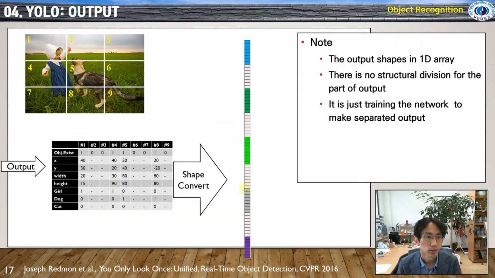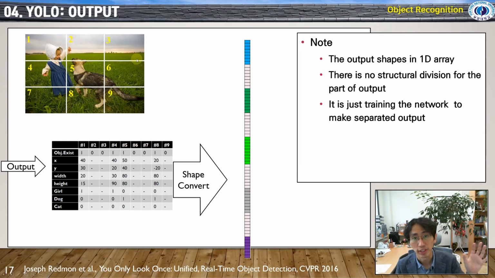Okay, and you need to understand that this output is just to explain easily, and the real output shape is a one-dimensional array. The input is a non-divided input. This structure is just for the output, and the input is the whole image.